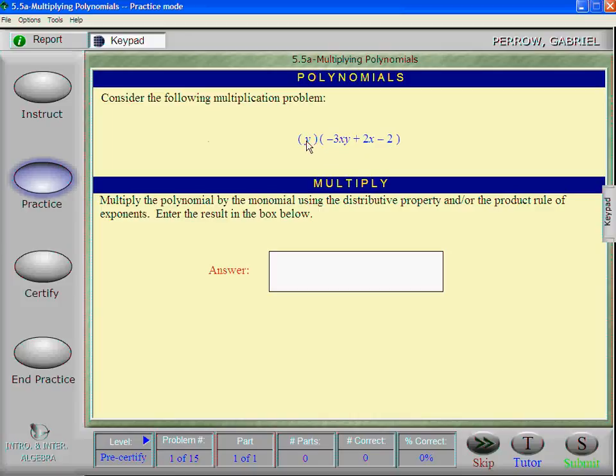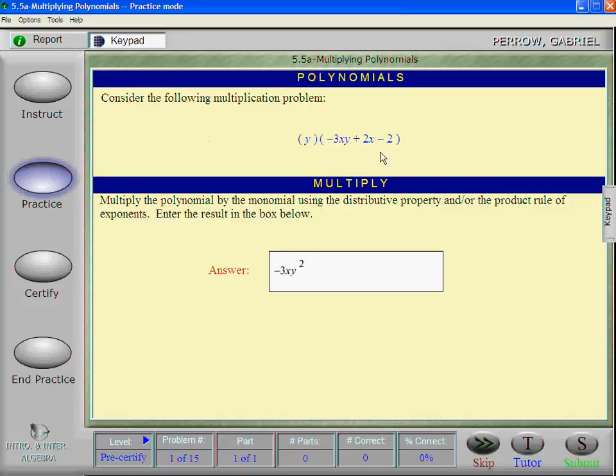So imagine y times negative 3xy. Those go together. You're going to have negative 3xy to the second. So you're going back to rules of powers at certain points where you have a y and a y. You add the 1 and the 1 to the powers, you're going to get second power. So repeat multiplication happens at the power level.